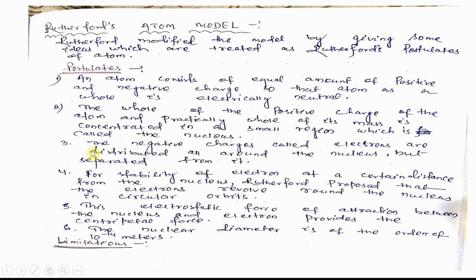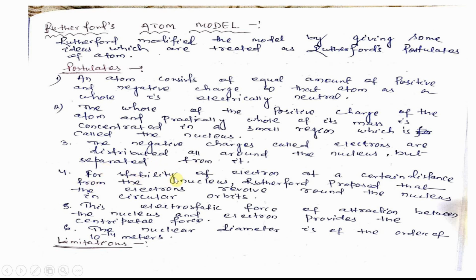The negative charges called electrons are distributed all around the nucleus but separated from it. The electrons are present at a certain separation distance from the nucleus, but they are distributed all around it.